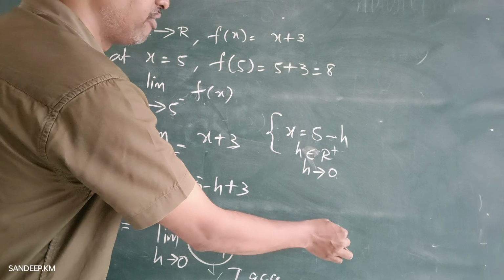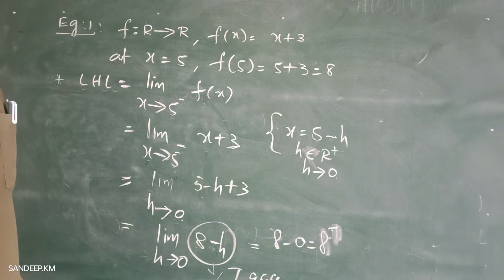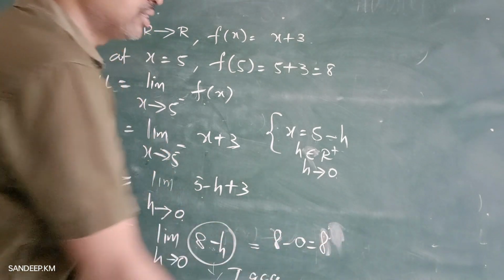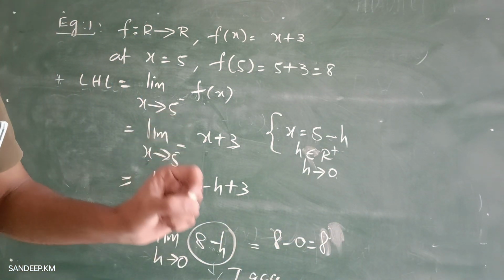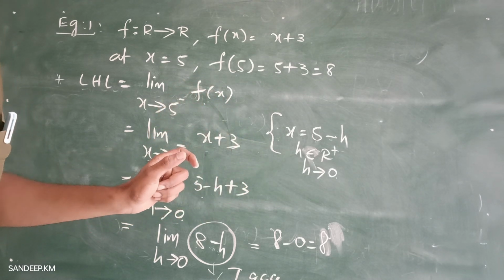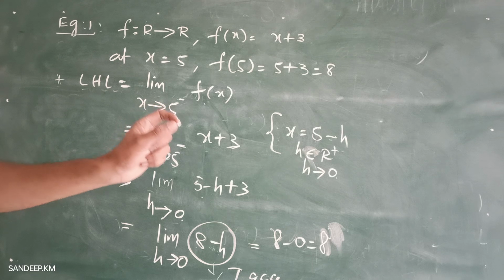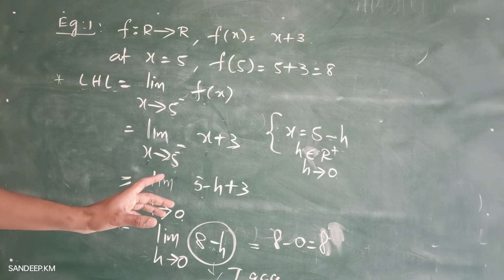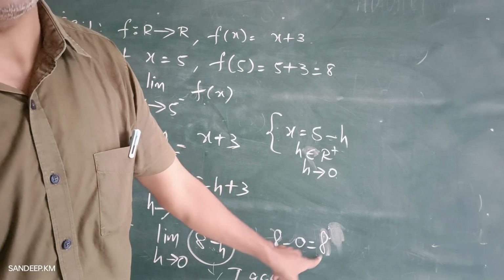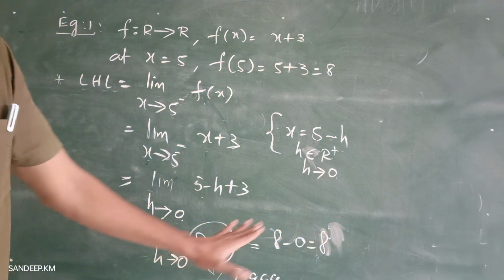So it is approaching 8 from the left side. But generally, while solving the problems, I will not write it as 8 minus, I will generally write it as 8. But it's important to know whether it is 8 minus or 8 plus while calculating the limiting value of composite functions. So when we discuss the limiting value of composite functions, I will observe whether it is 8 minus or 8 plus. But for now, the answer is 8.